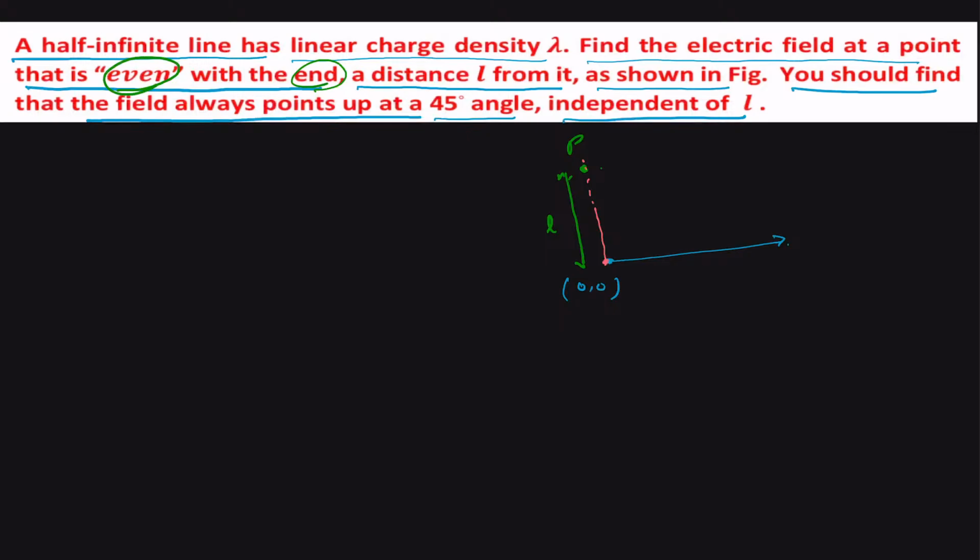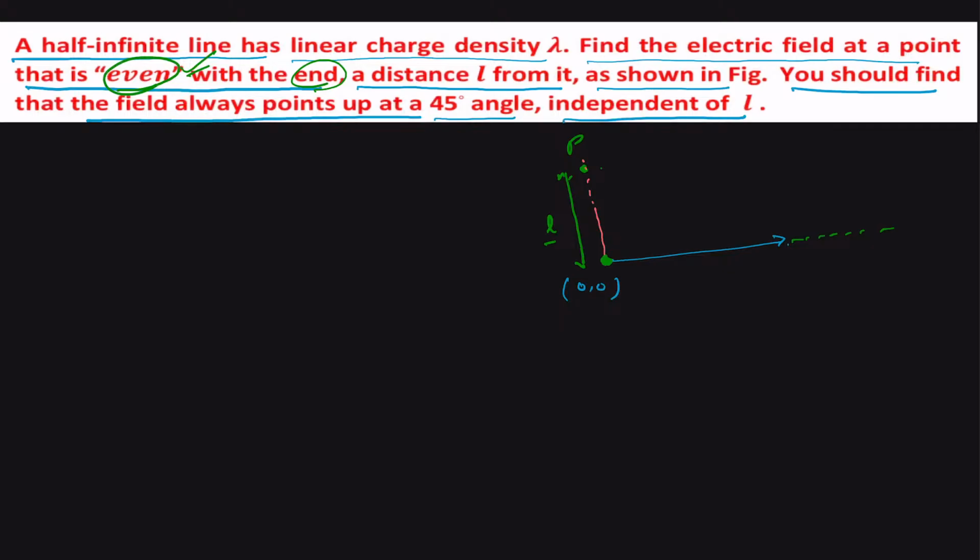Because this is semi-infinite, the other end will be at infinity. So the only possibility is that our end is at the origin, and the point P should be in line with this origin. Then it's called an even point. And this point P is at a distance of L. So this is a different way of rephrasing the regular question. The rest of the question is quite easy to solve.